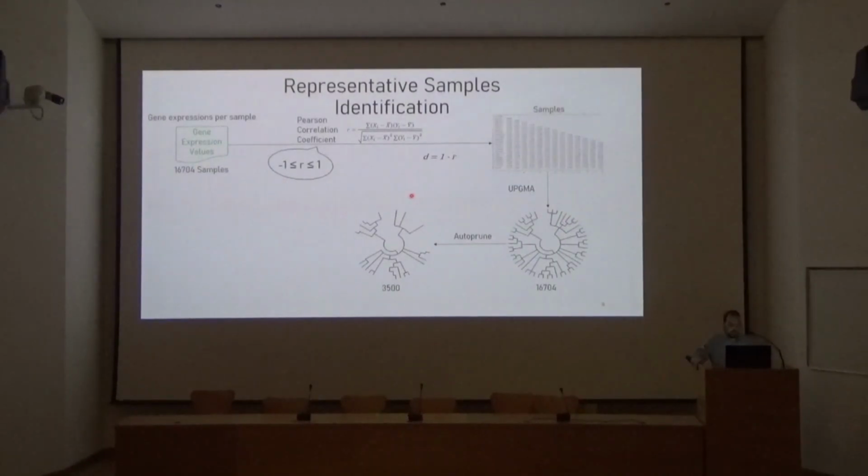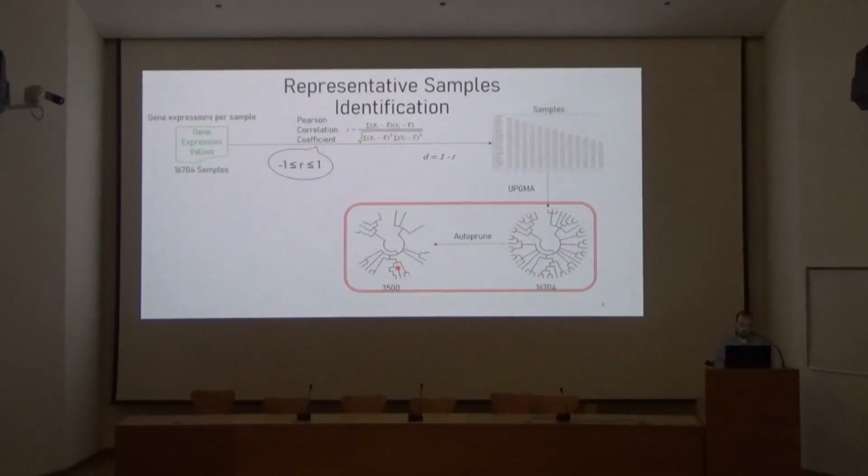And now, in order to perform our sample filtering, we used our own auto-pruning algorithm that would clip leaves that were adjacent to each other and thus were very close to each other. From more than 16,000 samples, we decided to keep only 3,500.